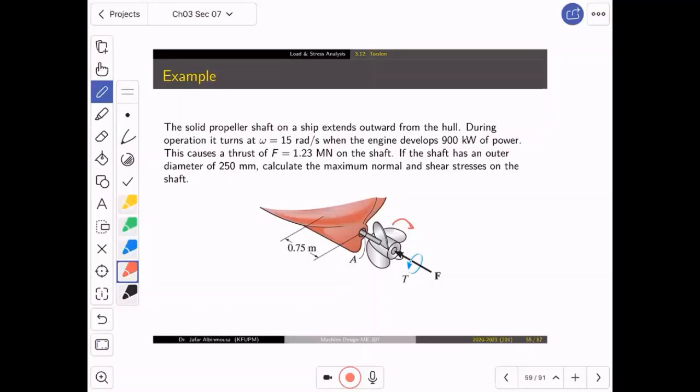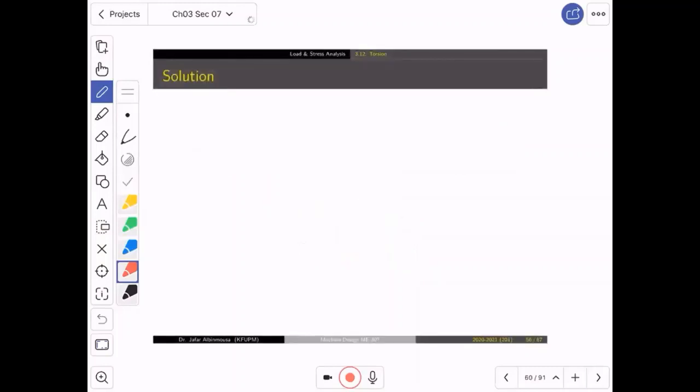All of this force is trying to make the ship, a tanker, whatever it is, move forward in the water. If the shaft has an outer diameter of 250 millimeter, calculate the maximum normal and shear stresses on the shaft. Okay, so this is what we want.